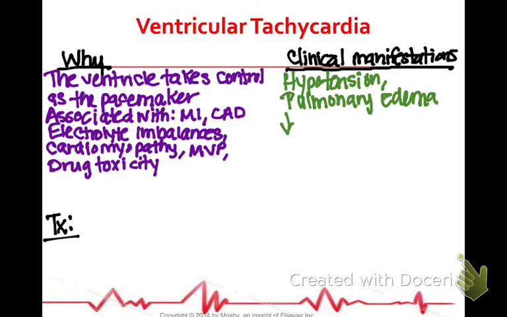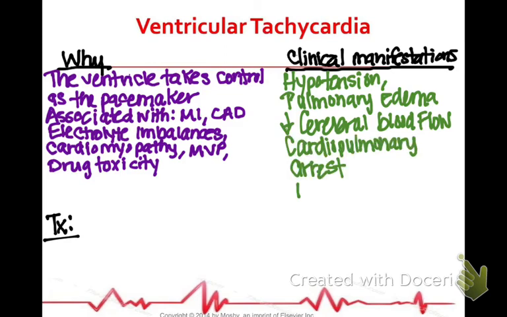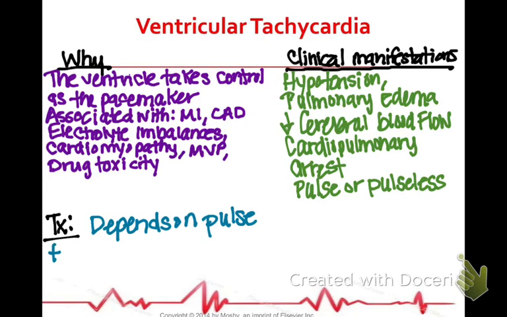You may see pulmonary edema, decreased cerebral blood flow, cardiopulmonary arrest, pulse or pulseless. And that's where the treatment is different for pulse and pulseless. We're going to talk about that.